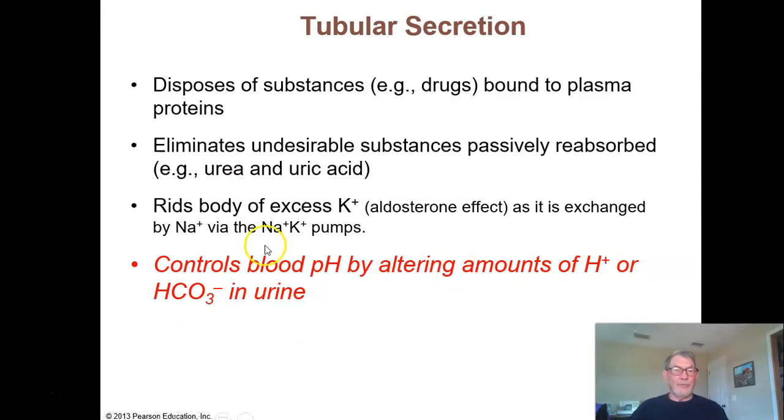And here I'm saying it again. You control your pH, your acid-base, by altering the amounts of hydrogen or bicarbonate that you excrete in the urine and retain what you need.